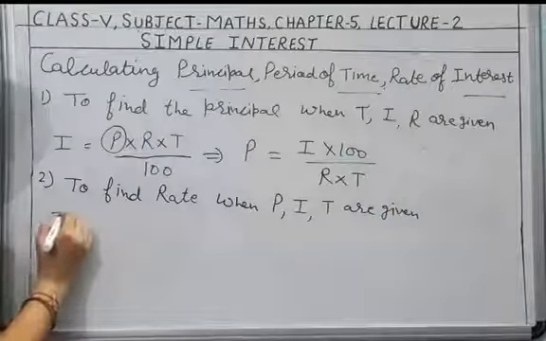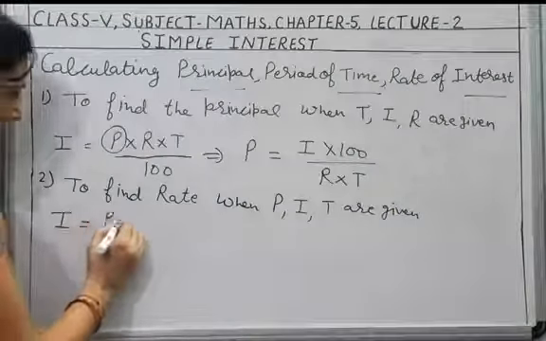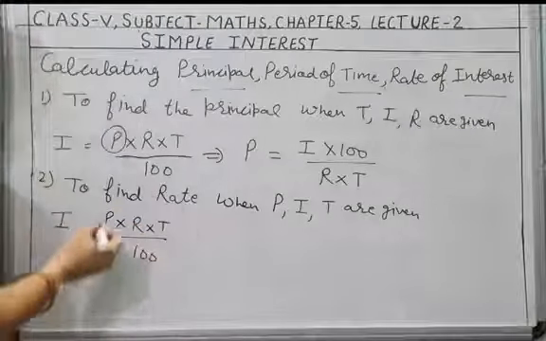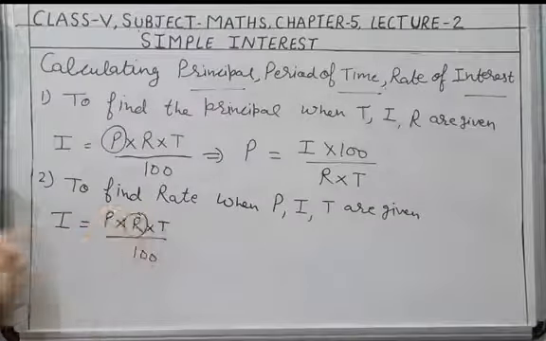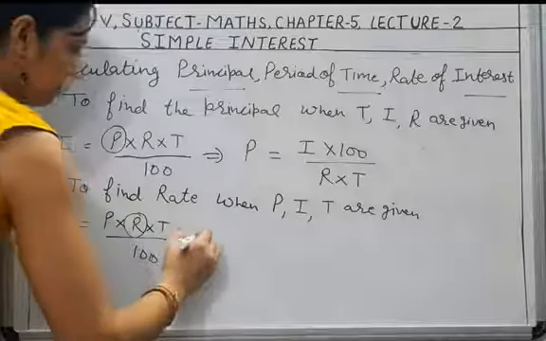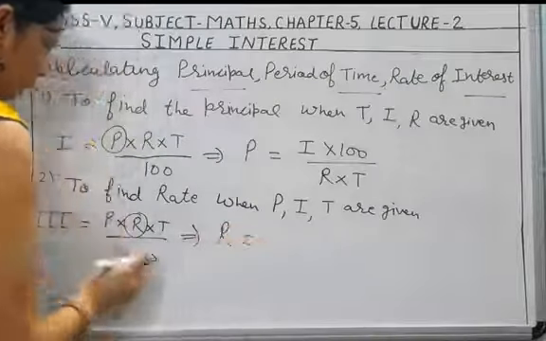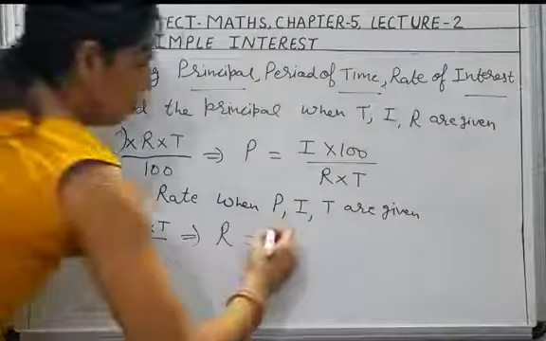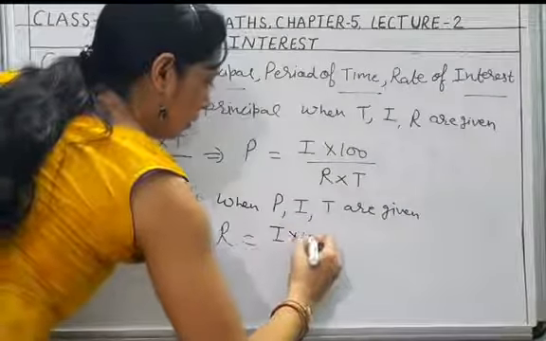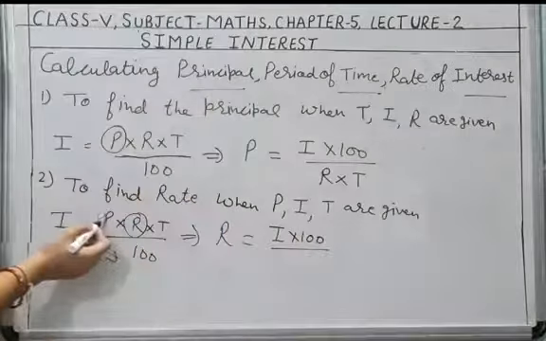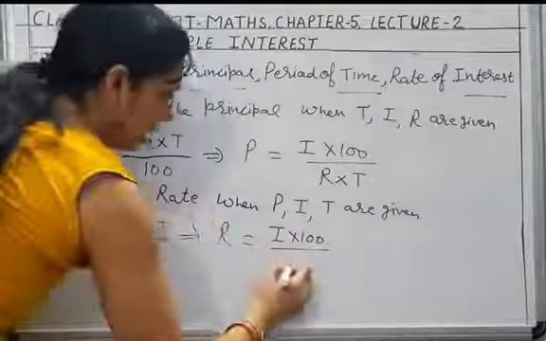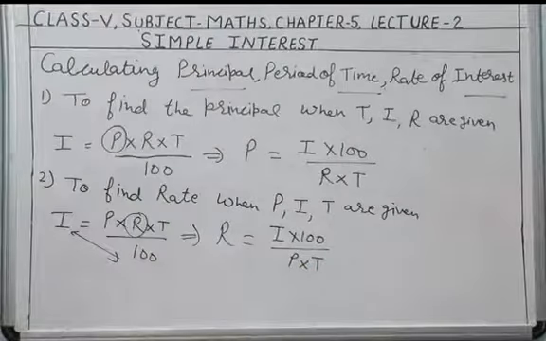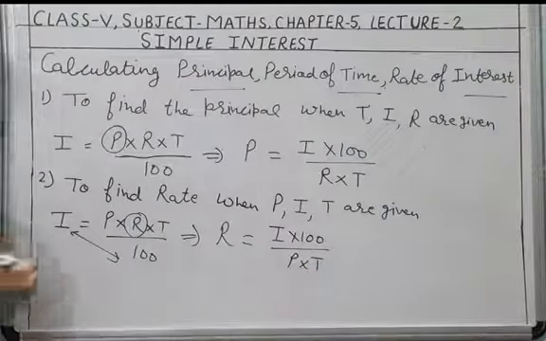Now again we will use that same formula, P into R into T upon 100. We have to find the rate. Rate will be separated. Rate is equal to interest multiply 100 upon principal into time. Understood?